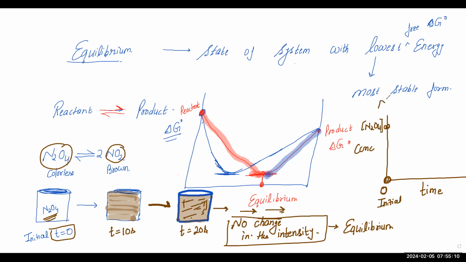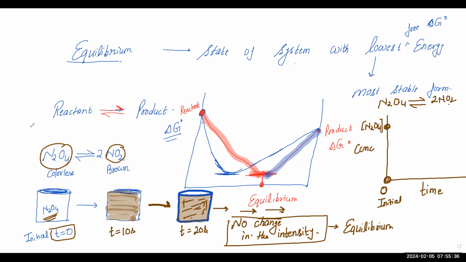The reaction is that N2O4 breaks down to give NO2. NO2 is brown in color, N2O4 is colorless. So slowly you will see the intensity of the color increasing. So initially N2O4.